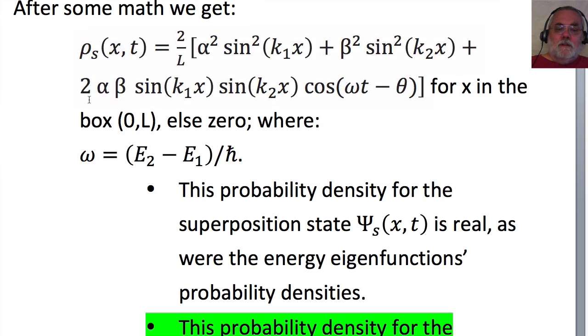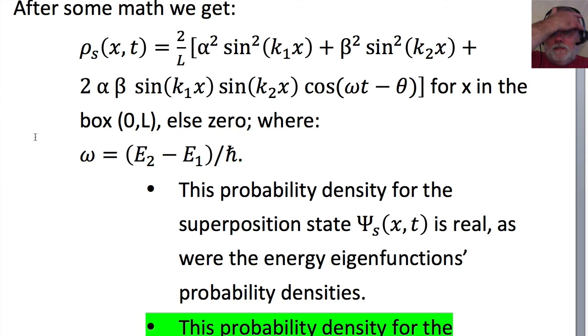But then we have this third term, 2 alpha beta sine k1 x sine k2 x cosine of omega t minus theta. That's time dependent. Now, this is the probability density for x in the box 0 to L, and it's 0 elsewhere. If you do the math, this omega comes out to be energy 2 minus energy 1 divided by h bar.